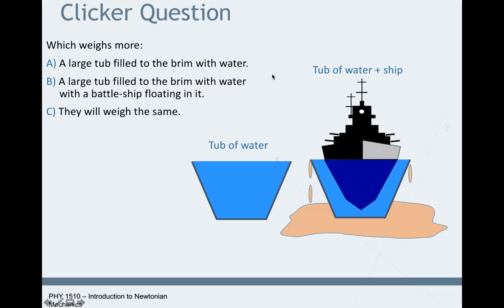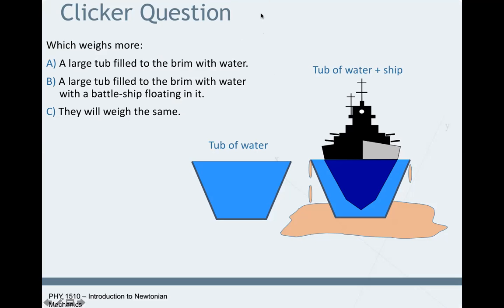So how I figured it out was that in the picture, we see that the battleship is not touching the bottom of the container. And we also see that the tub of water stays the same. I'm going to assume it didn't magically change dimensions. So the water appears to be at the very top in both cases.